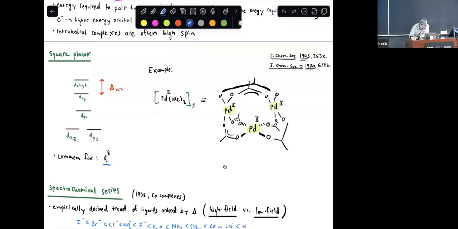So let's just do that exercise then and fill in the electrons. By convention, the splitting energy is defined as the energy between the dxy and dx squared minus y squared orbital, because square planar geometry is so common for d8 metals. But you could define it alternatively. For example, if you wanted to define it this way, you could do that as well.